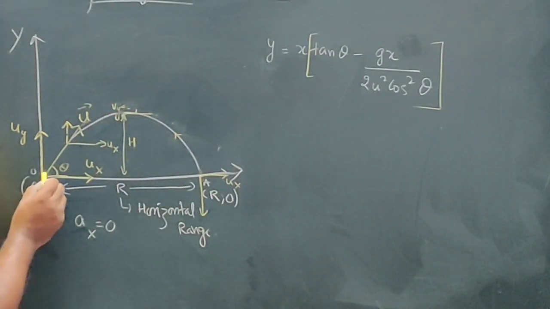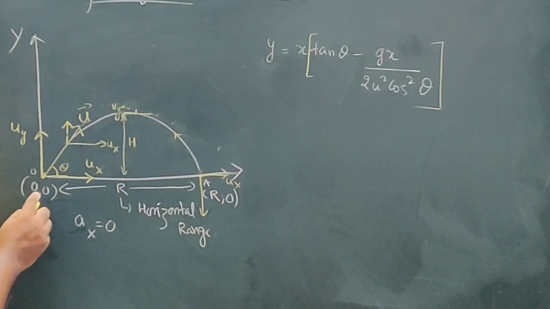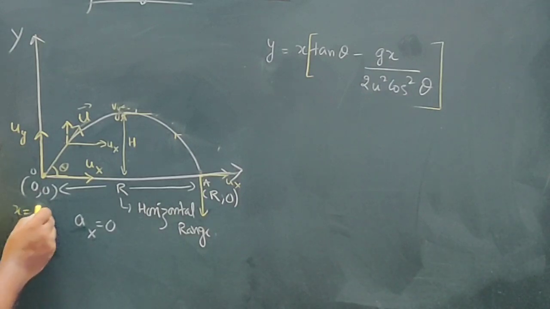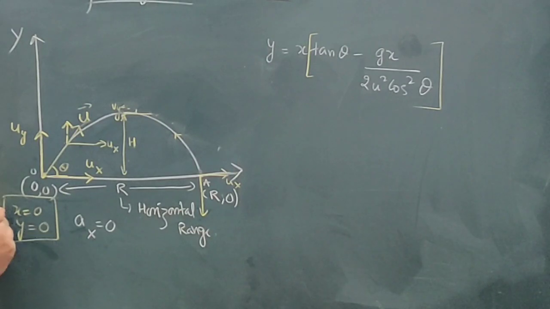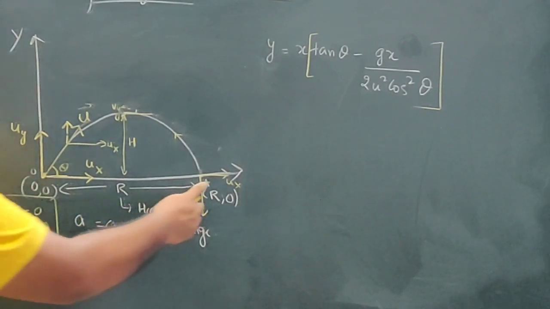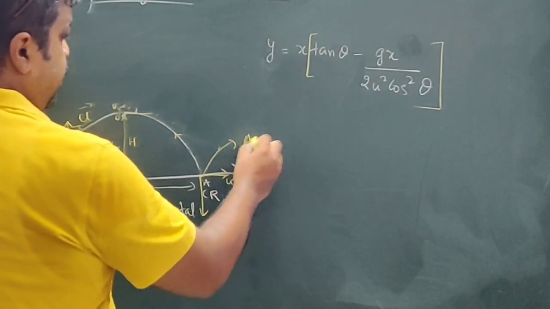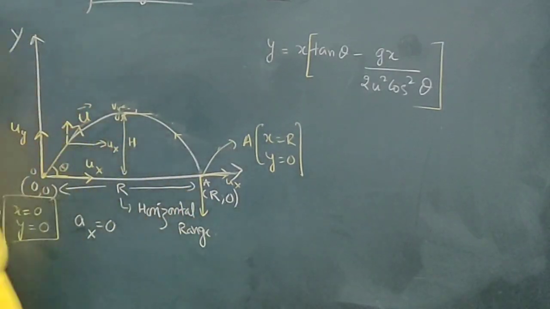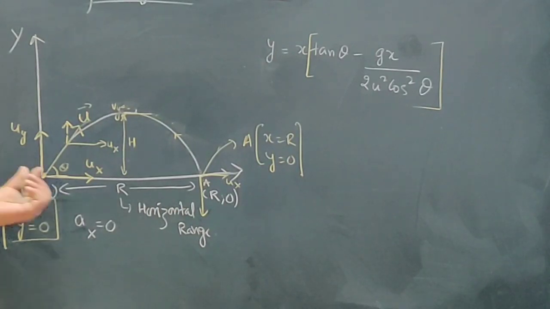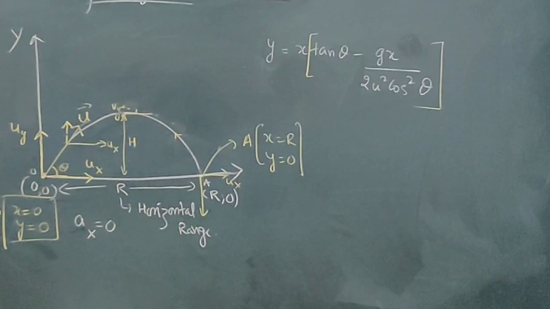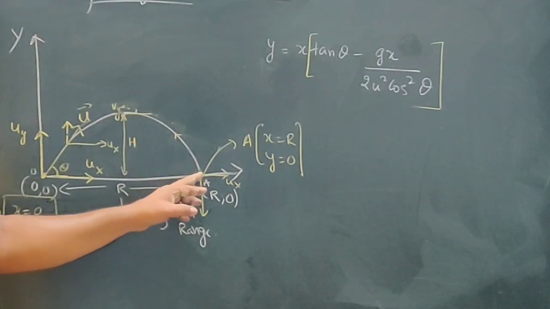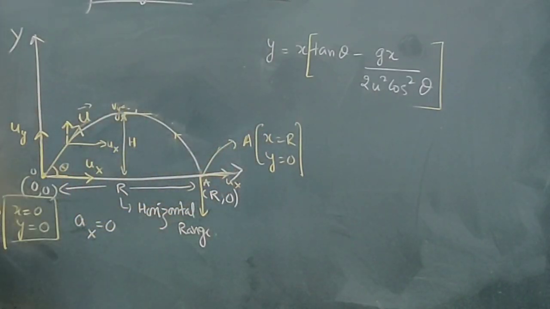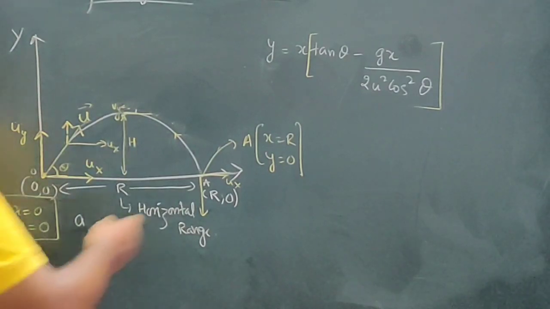For the origin, the coordinate is x equal to 0, y equal to 0. For point A, x is equal to r, y equal to 0. So for both the origin and point A, the y coordinate is 0.